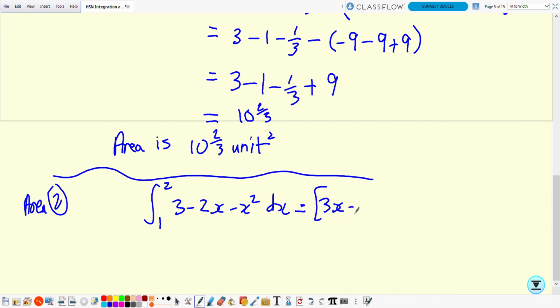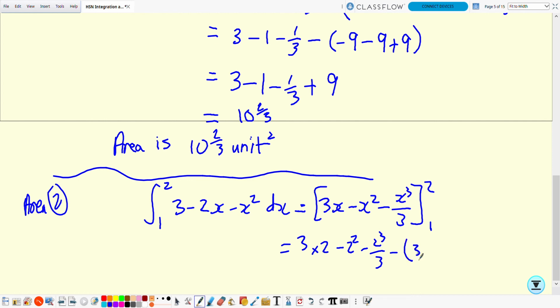So you've got 3x minus x squared minus x cubed over 3. And you're putting your limits on there of 1 and 2. So you're going to have 3 times 2 minus 2 squared minus 2 cubed over 3, subtracting 3 times 1 minus 1 squared, and then you've got minus a third.